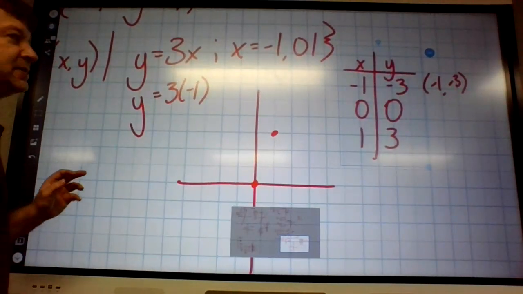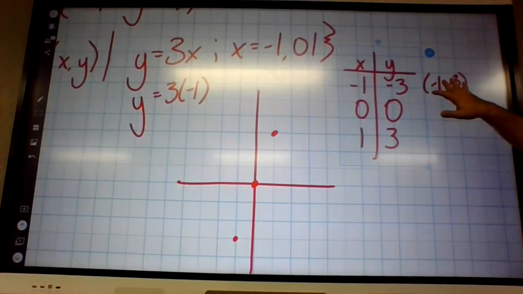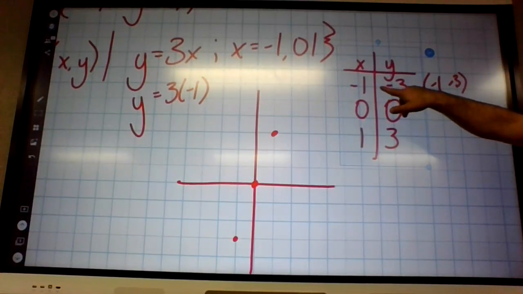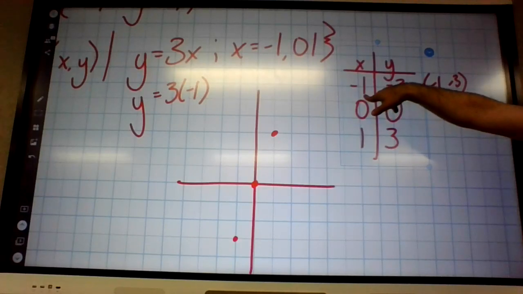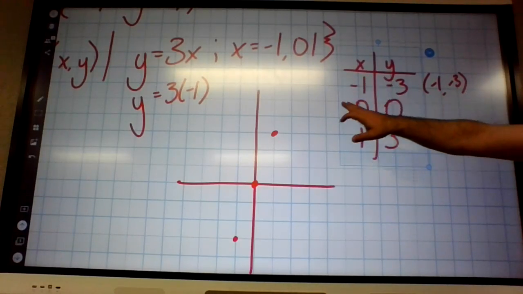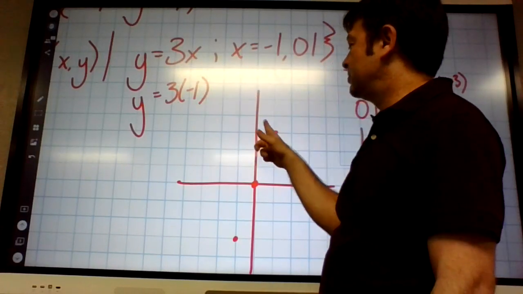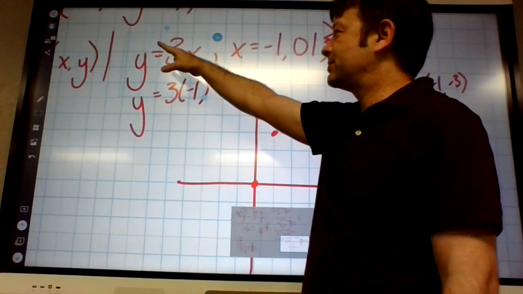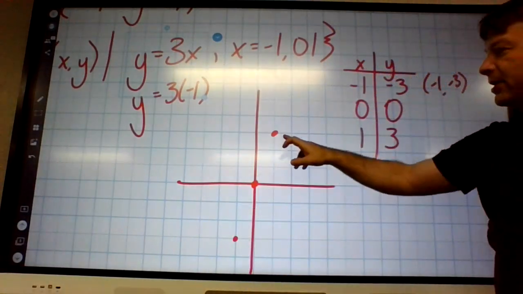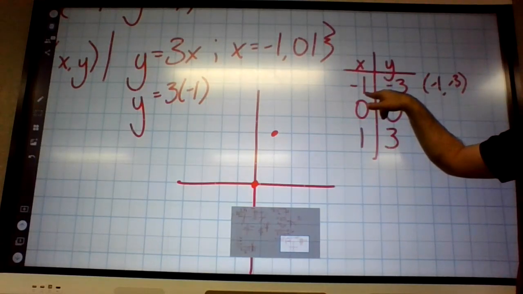All right, we need to stop and talk about this for a second. This is something that people kind of have trouble getting a hold of. But what do these points have to do with this equation? How is that connected to this? These points represent these numbers, right?